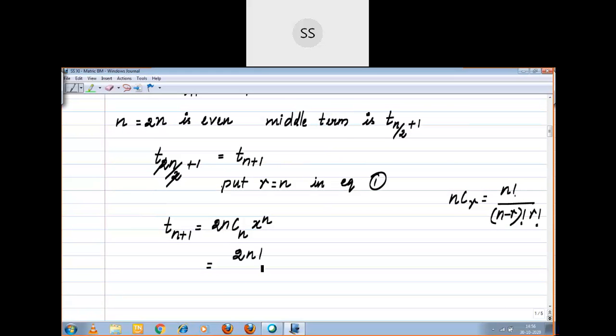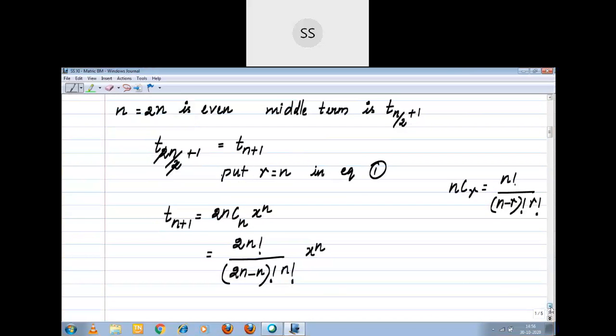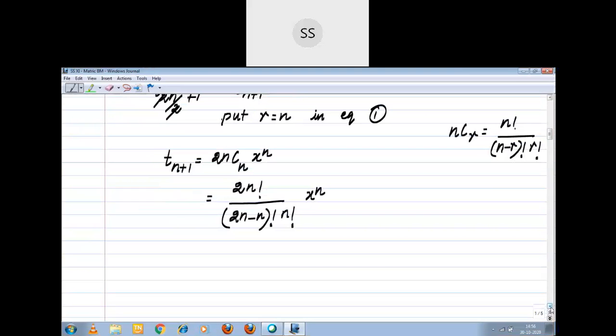The same formula you are going to apply here. Here how to write? In the place of n you have 2n. So 2n factorial divided by 2n minus n factorial into n factorial, x power n. Have you all got it, children? Have you all understood? Yes.